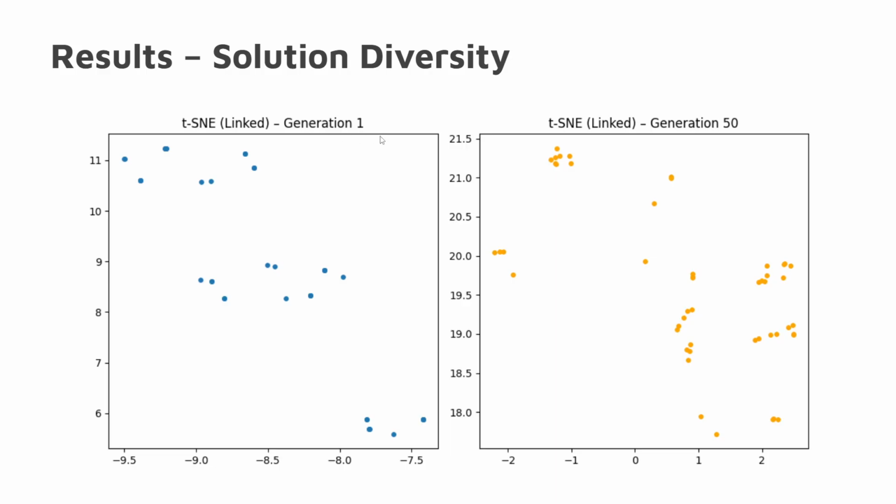So you can see in generation 1, there are about 3 clusters of solutions in the latent space compared to generation 50, which has more spread around the latent space. So that's the main takeaway here, that NSGA is getting diverse solutions, which is good. It's what we want to see. We want to capture all the trade-offs possible.